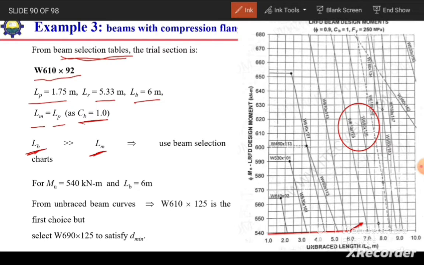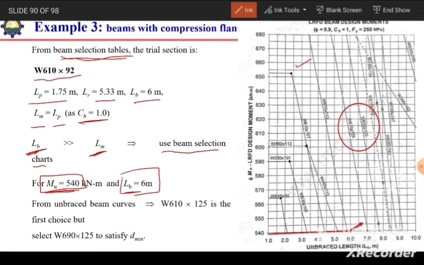For that we need to reselect the section based on the beam selection charts as given over here, and the section will be selected based on the Mu and LB. Here CB is equal to 1, so we need not divide it by the CB value. So we will use this Mu 540 for segment BD and the unbraced length of the segment BD, which is 6 meter.